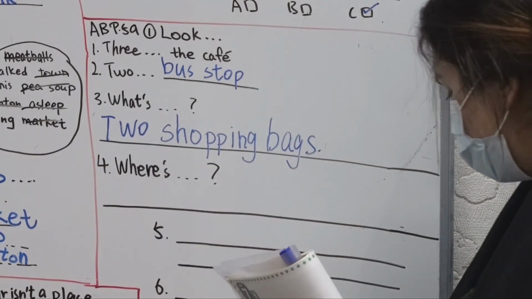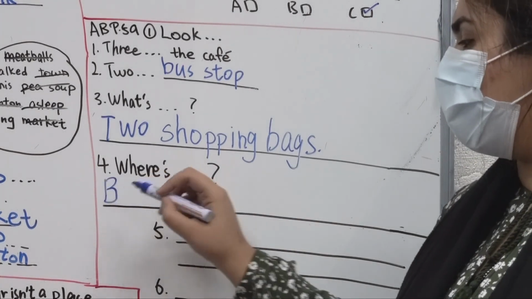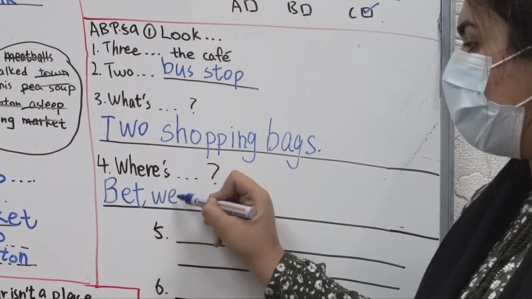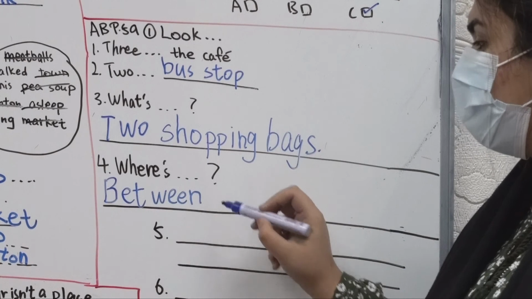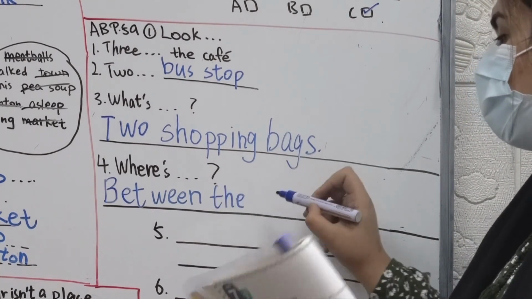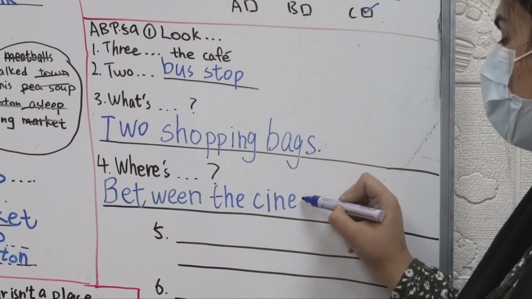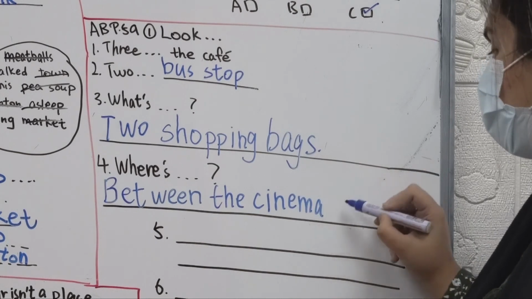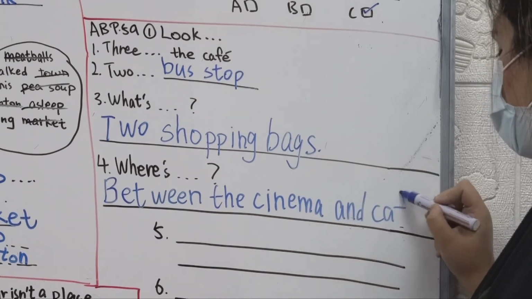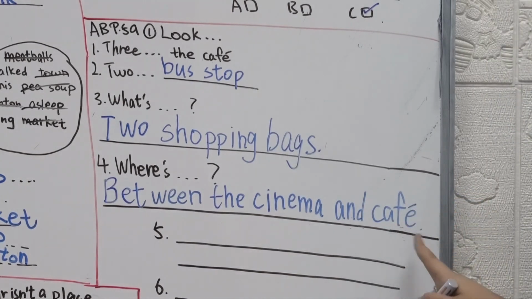So please write. Between is spelled as B-E-T-W-E-E-N, alright? Between the cinema is spelled as C-I-N-E-M-A, and cafe spelled as C-A-F-E. Remember to add the symbol here. Okay?